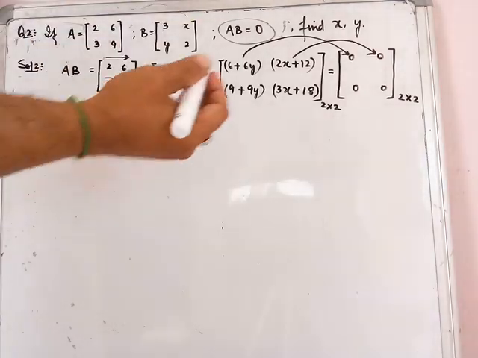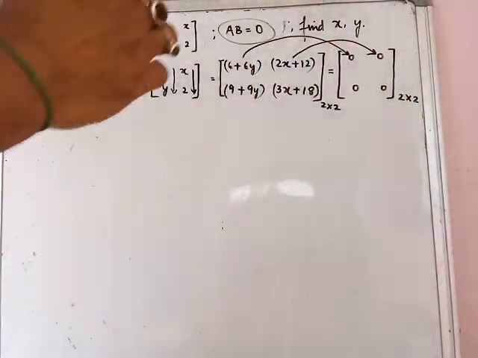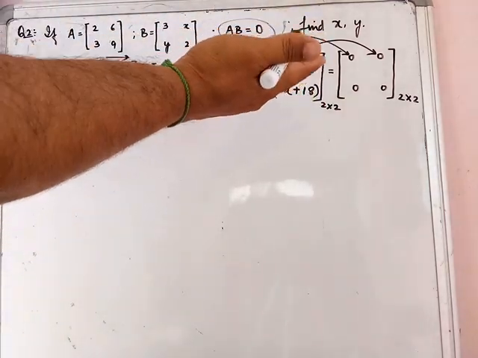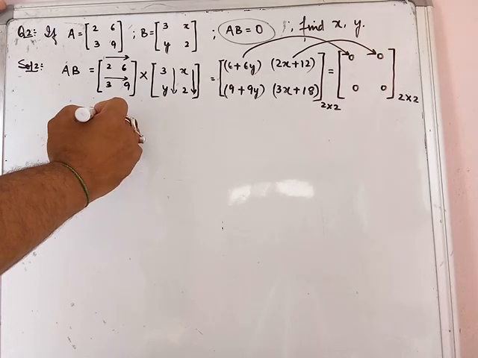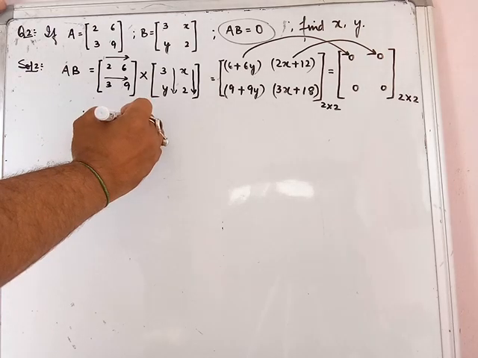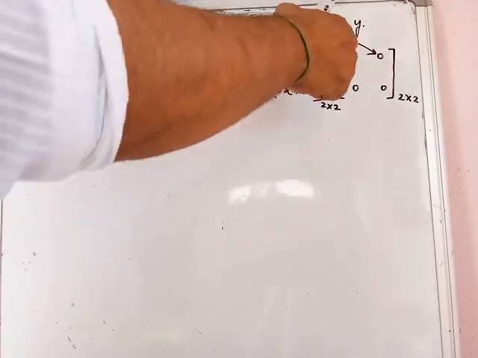Okay, we need not pick all 4 because we only have 2 variables, so we will be easily able to find out.